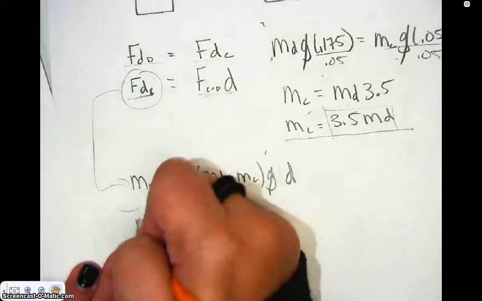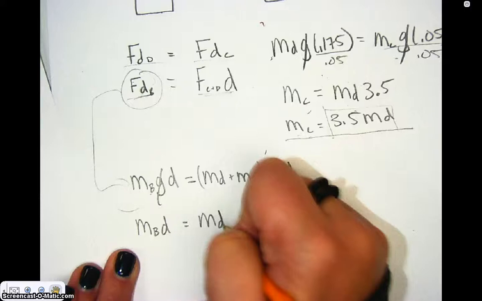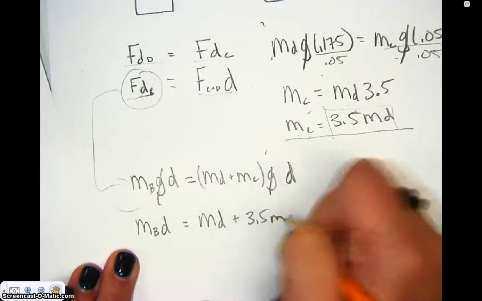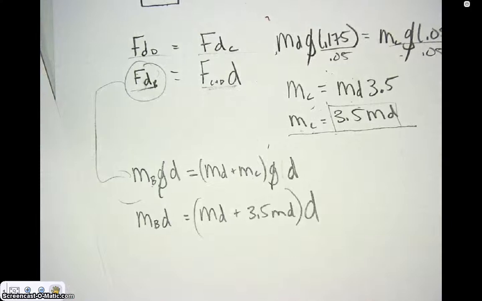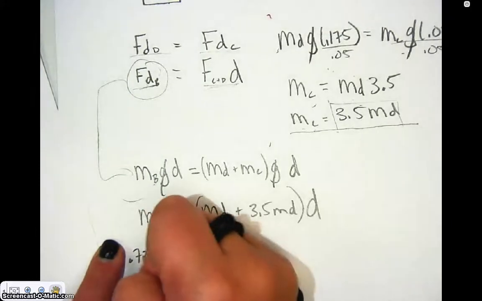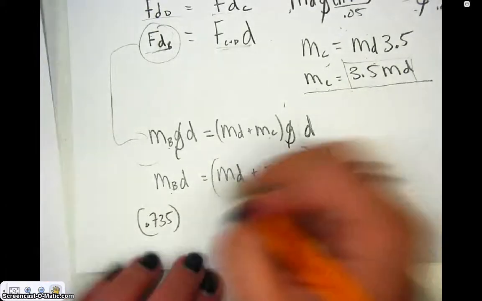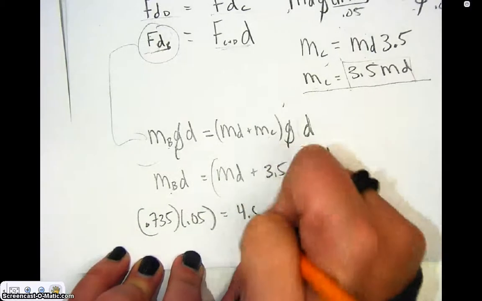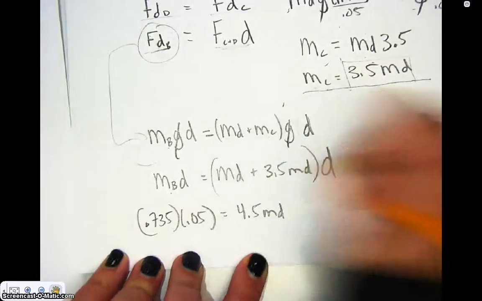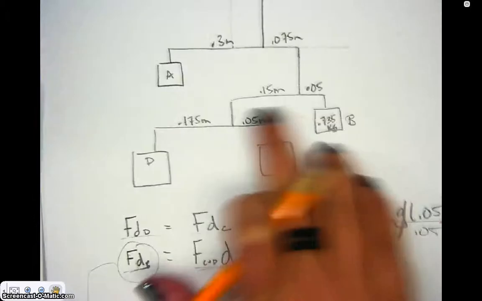So I get MB times its distance equals MD plus 3.5 MD, all times the distance. Now I only have one variable. The mass of thing B is 0.735 times its distance, which, if we look back up here, is 0.05, is equal to 4.5 MD, so 1 MD plus 3.5 MD, all times, looking back up here, 0.15.